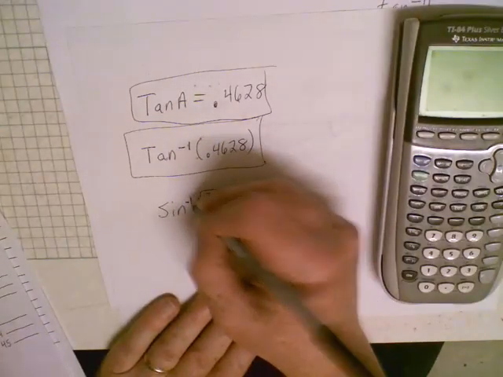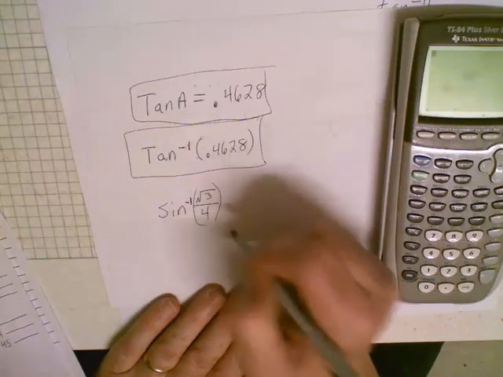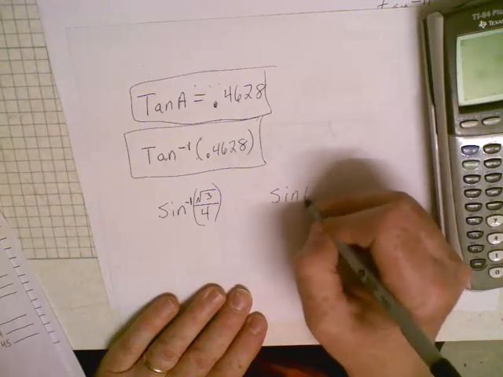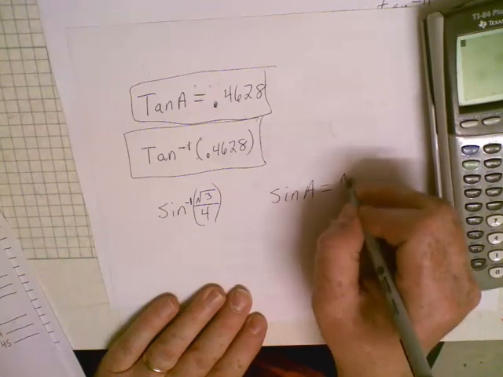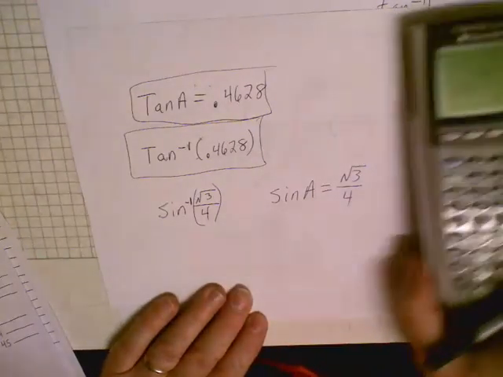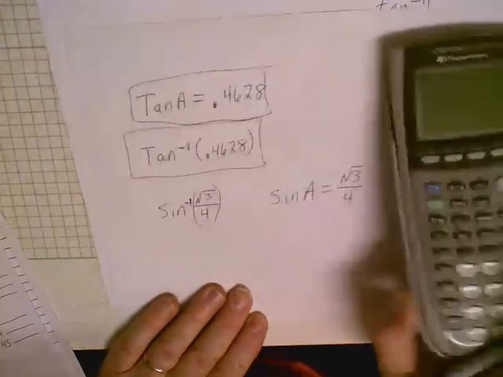It's going to have a -1 in there, and then the parentheses around that. Or it could say sine of some angle equals radical 3 over 4. So just a different form here using the radical in there.